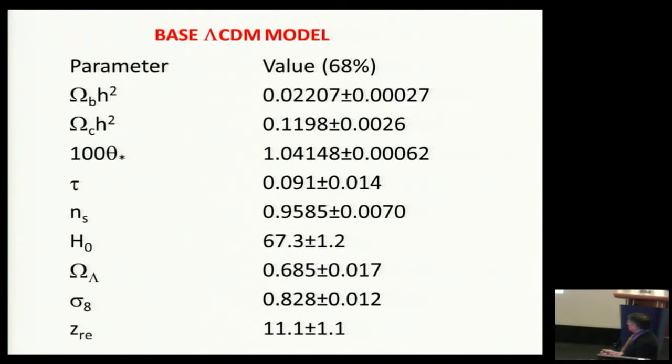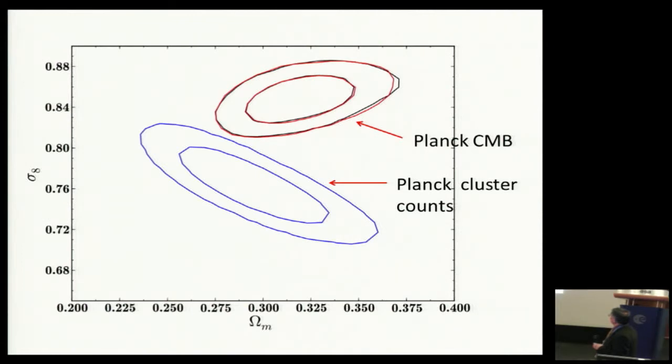This is a measure of the amplitude of the fluctuation spectrum, and this shows constraints in the sigma 8 omega m plane for the basic cosmology derived from Planck cluster counts.